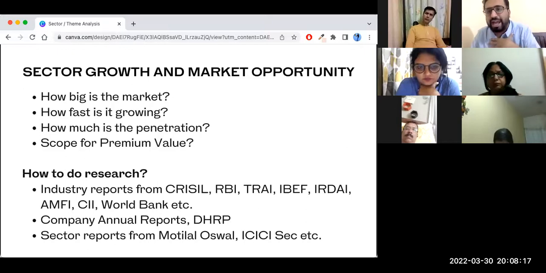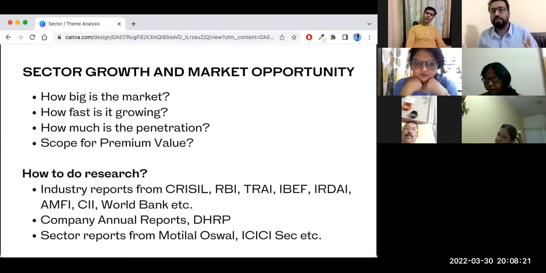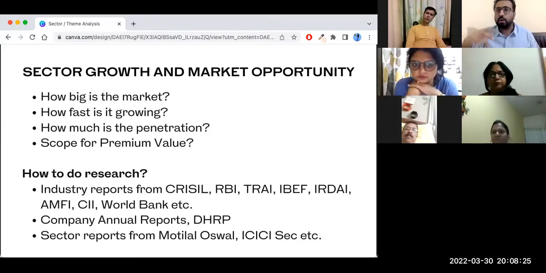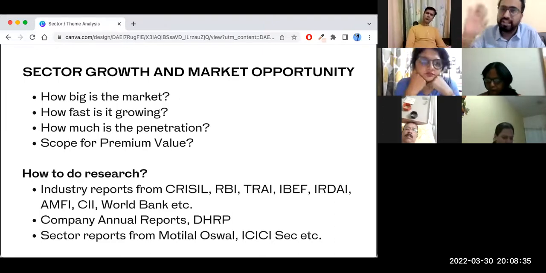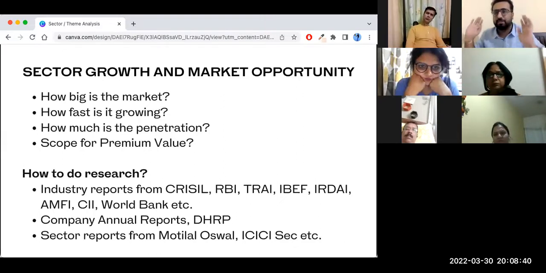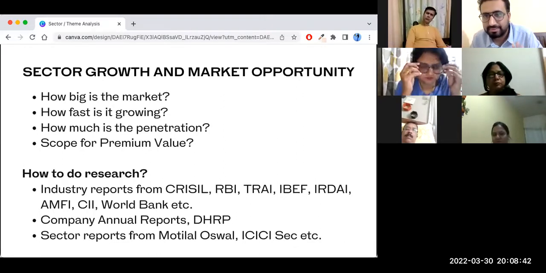When I'm doing startup investing also, I do a very rough calculation: this is how big the market is, this is how it is growing. Most of the time I'm not exactly correct, but I am borderline correct. I need not be perfectly correct. I can have a 5%, 10% margin. That's all right.